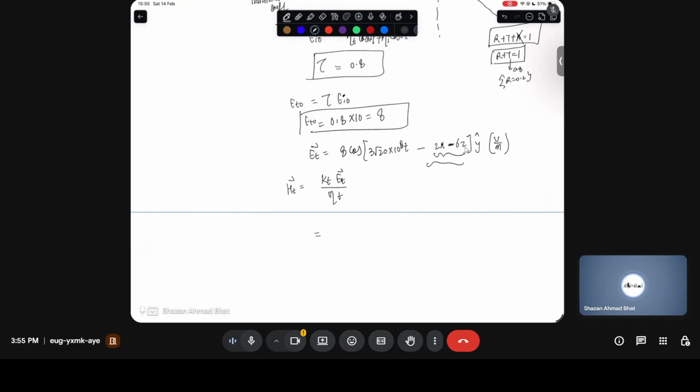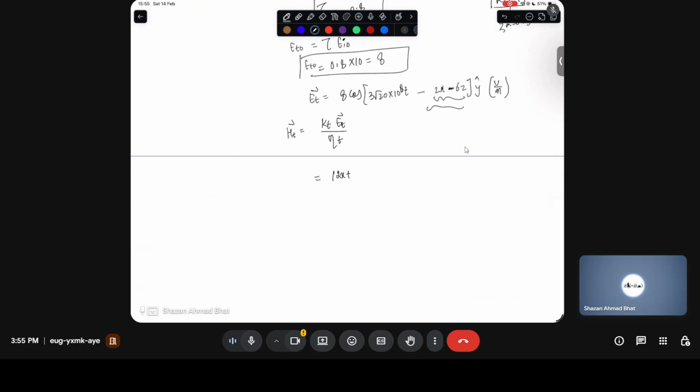So you can write it in terms of 2x plus 6z y cap, 8 cos of 3 square root of 20 into 10 to the power 8 t minus 2x minus 6z, divided by 2 square root of 10 into 2266.58, which is basically the theta t value.